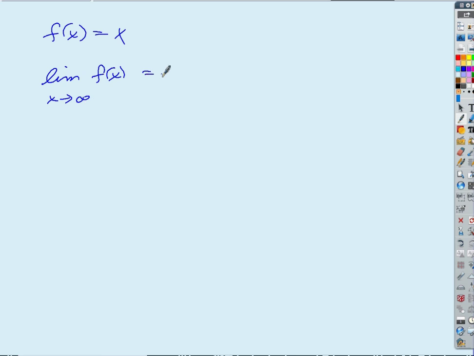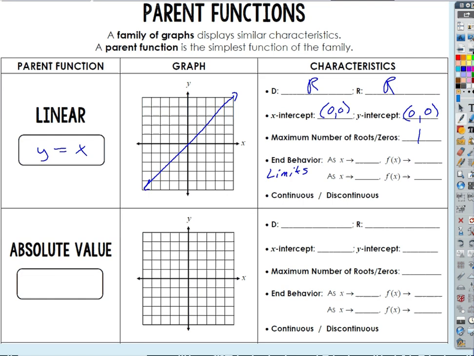And by that, what we mean is, how could you describe the behavior if we move infinitely far in the positive x direction along this function? What is the function, meaning the y value, doing? So as x approaches infinity, what's y doing? It's going up forever. It's approaching infinity, isn't it? So the answer here would be, as x approaches positive infinity, f of x approaches positive infinity.